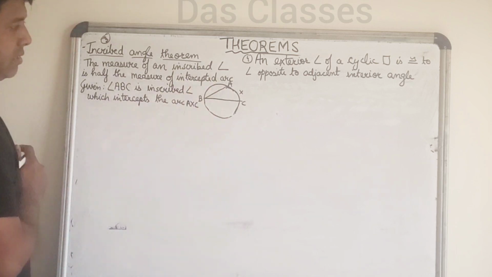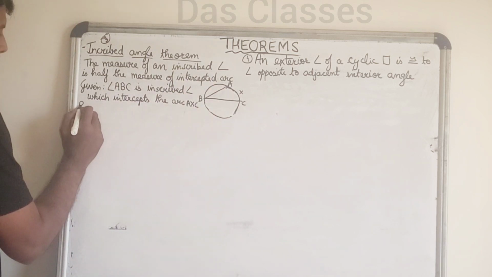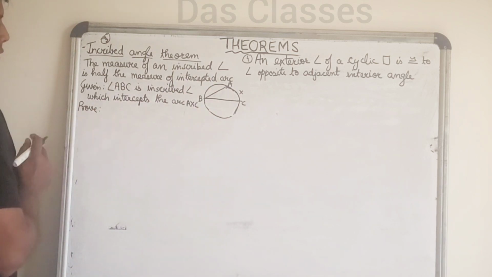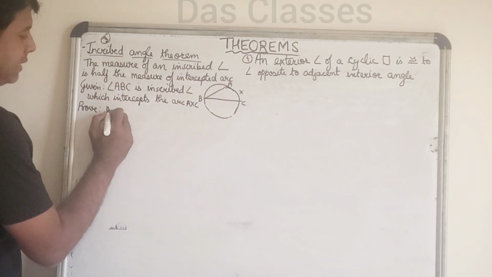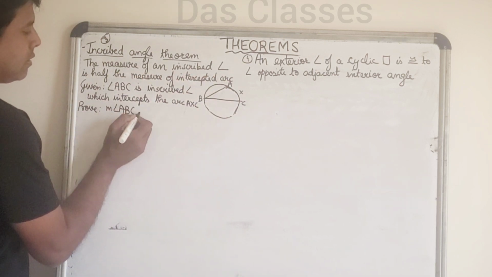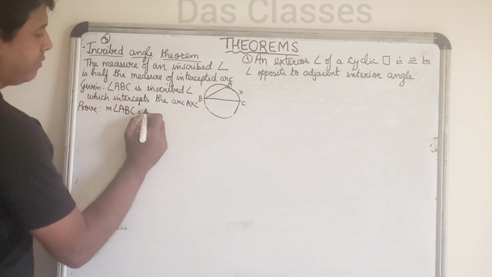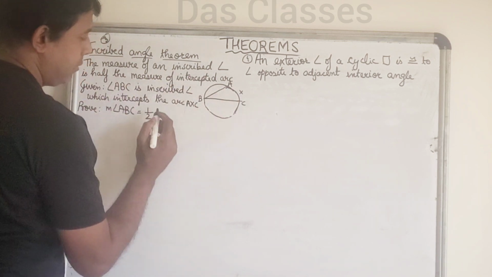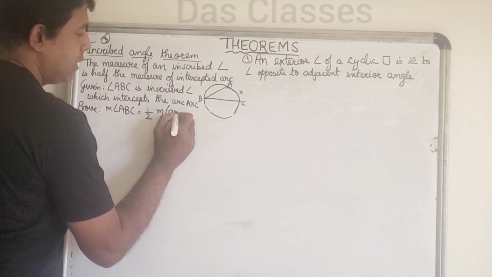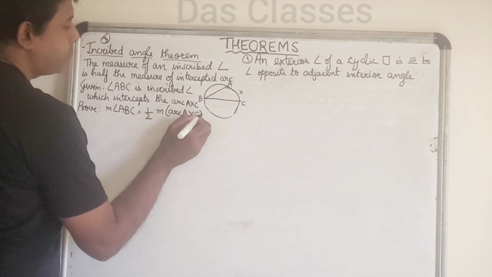Therefore AXC is the intercepted arc. So we have to prove that the measure of the inscribed angle, that is measure angle ABC, is half the measure of the intercepted arc, meaning half the measure of arc AXC.